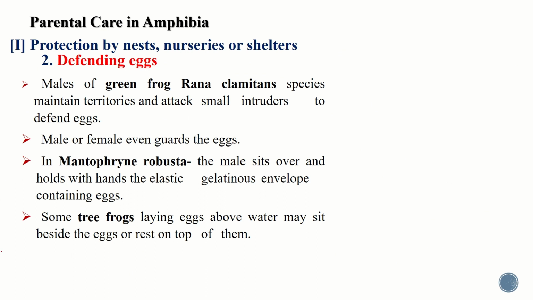Either the male or the female partner can take care of their young ones or eggs. The male of the green frog Rana clamitans maintains a territory and attacks small intruders to defend the eggs against predators or enemies.